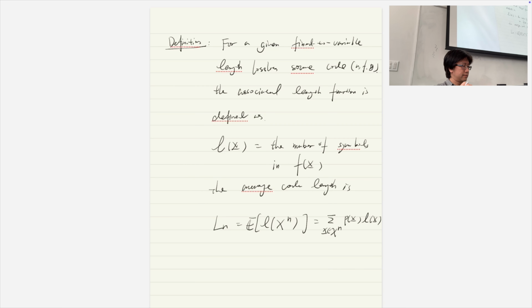Okay, next. So we may want to know what is the fundamental limit of this code length, right? What is achievable? So any guess? What's the best code length that we can achieve? Now remember, we do not allow any error, right? Zero error.